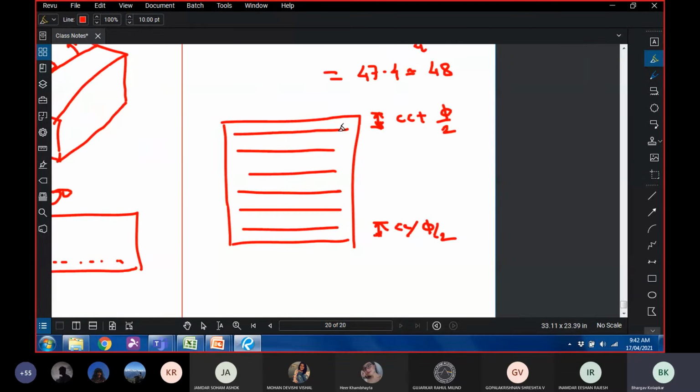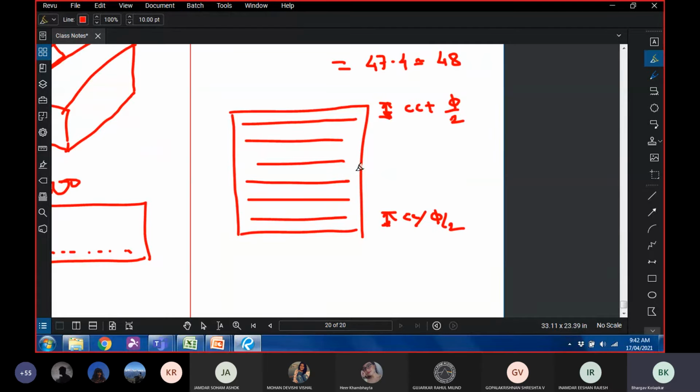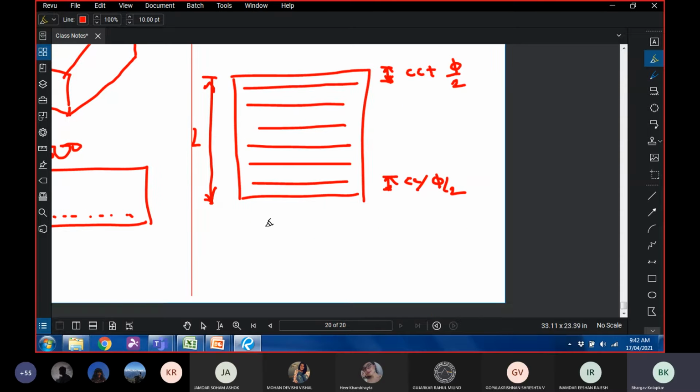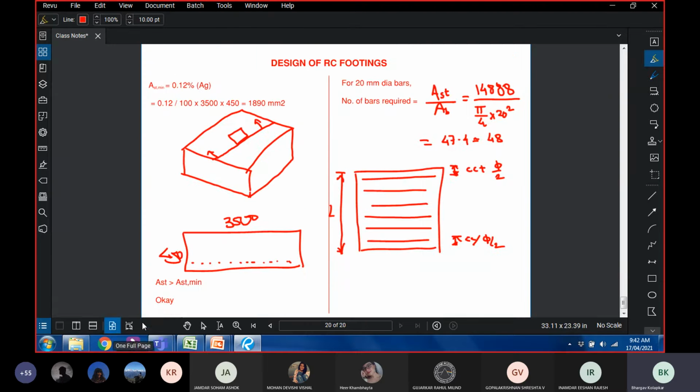Now I want to calculate the center to center spacing. Now this is the total width. So naturally I have to subtract these from this and then divide by the total number of bars. So the center to center spacing is equal to the total width.